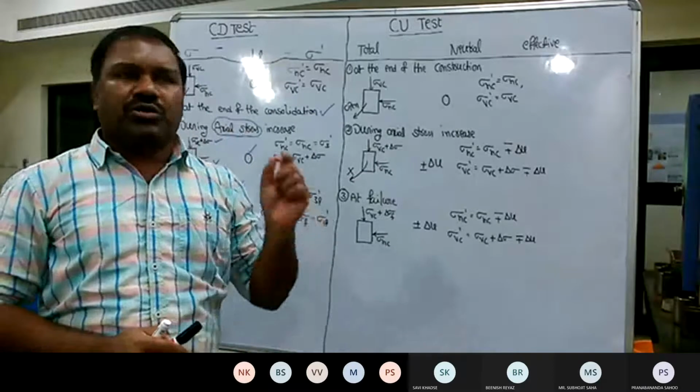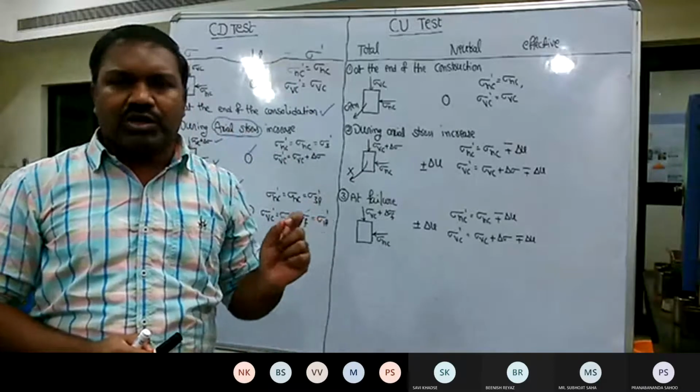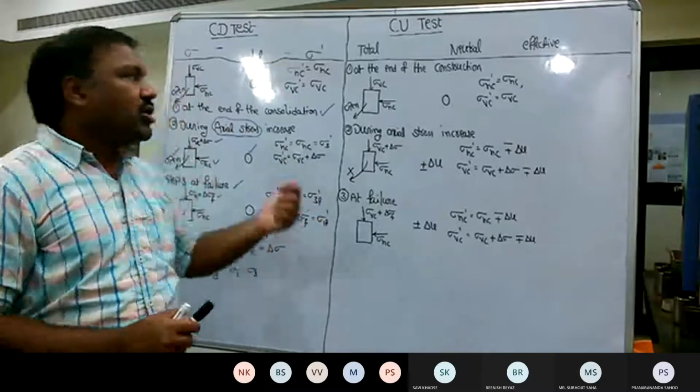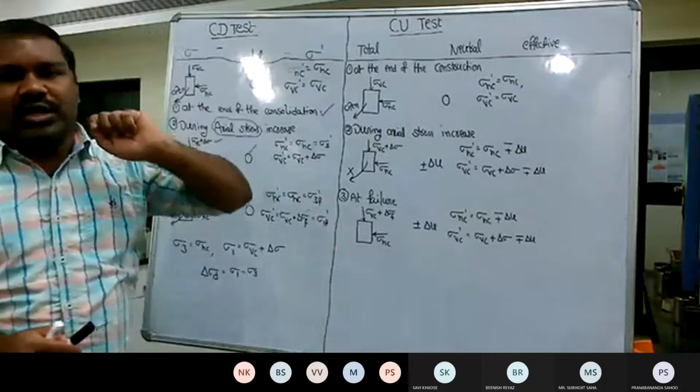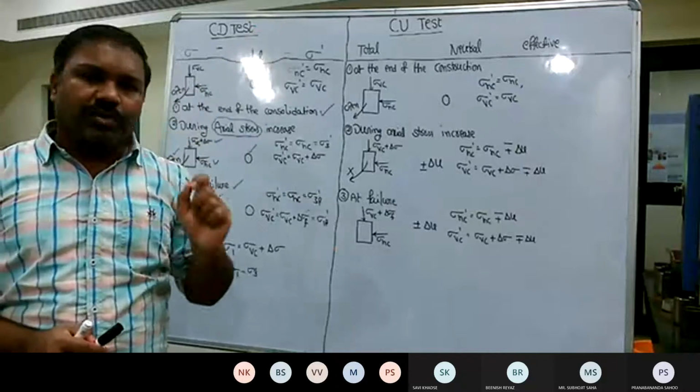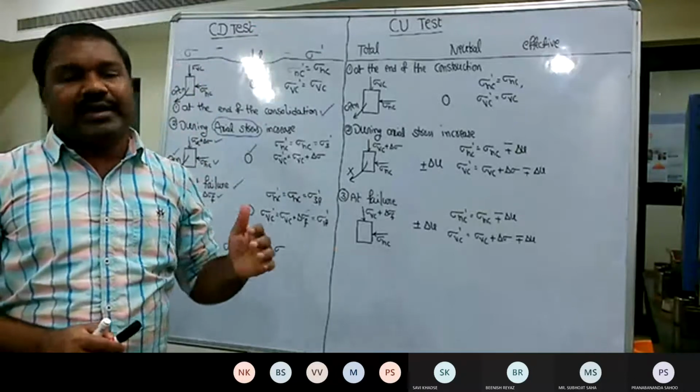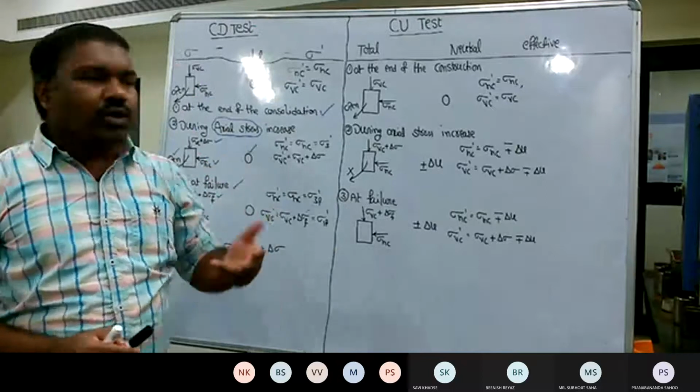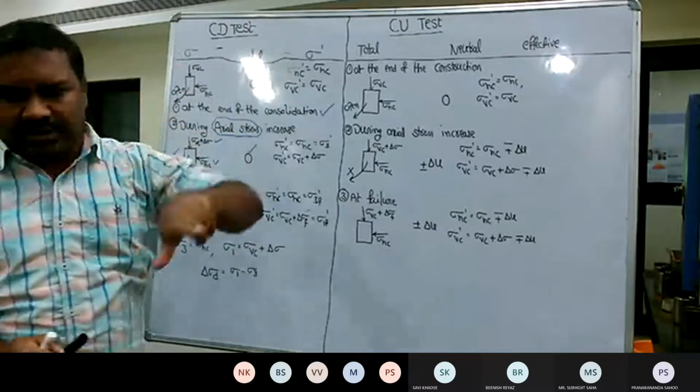So the dissipation of the pore water pressure occurs so slowly. Therefore, the rate of loading also shall be so slow. So it takes days and days of time to conduct one simple test.